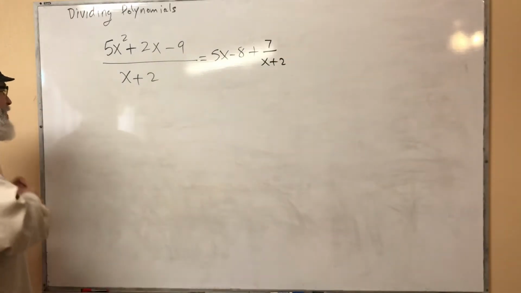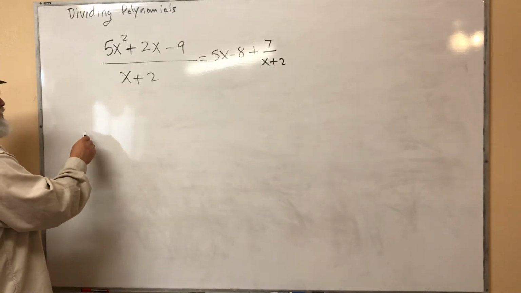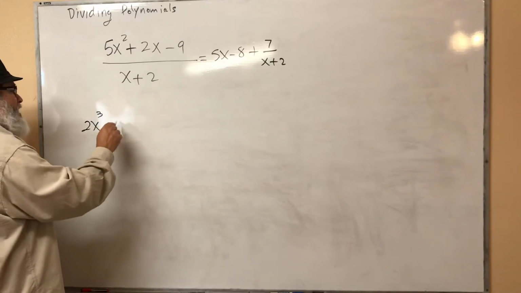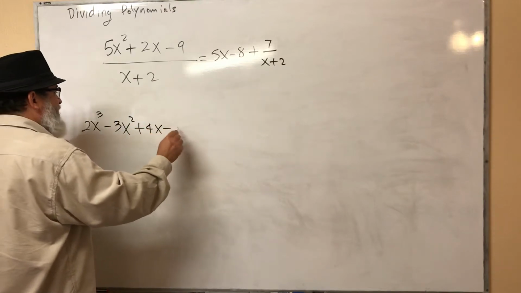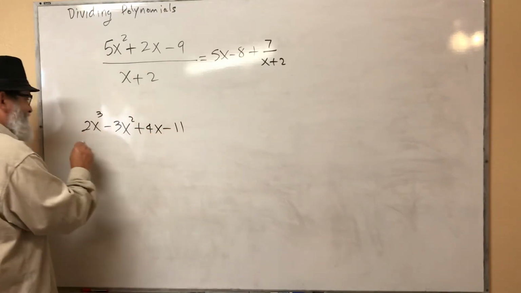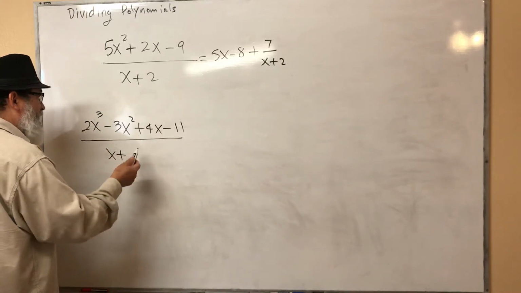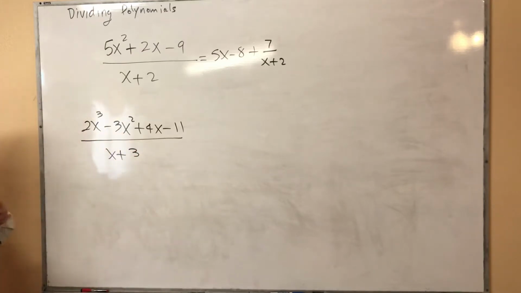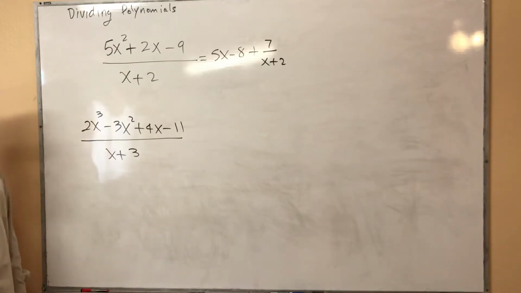Okay, so let's do one more. Let's take 2x cubed minus 3x squared plus 4x minus 11 divided by x plus 3. Let's do it with long division.